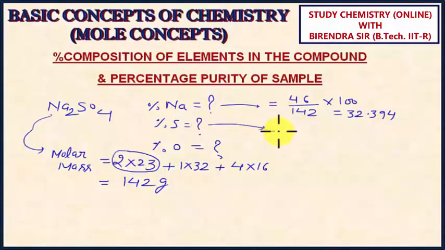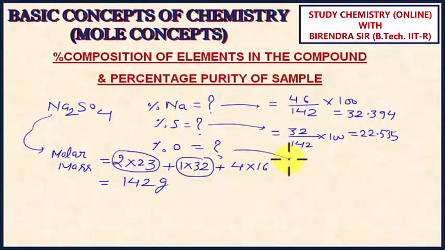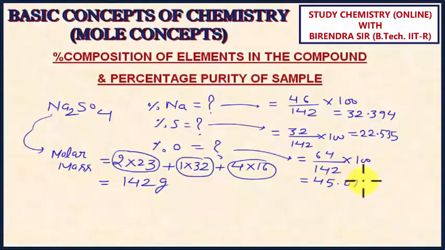Same way, for sulfur, the contribution in this 142 gram is 32, so it will be 32 upon 142 into 100 and the value comes as 22.535. Now percentage of oxygen, the contribution is 64 gram, so it will be 64 upon 142 into 100 and the value comes as 45.071.